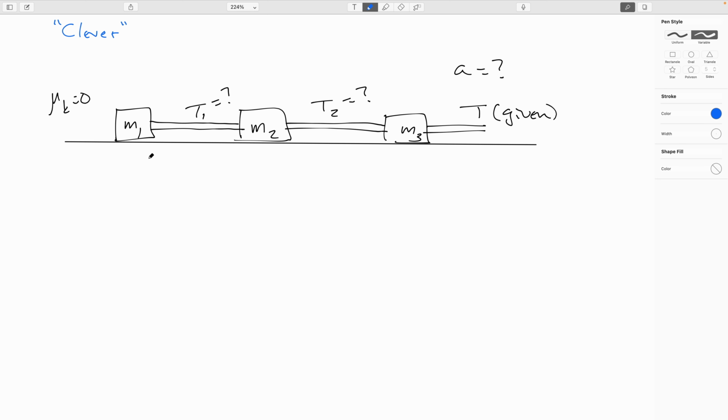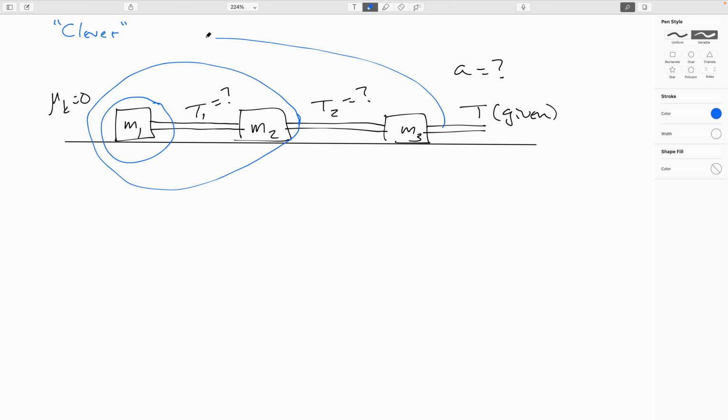What it does mean is we can make our systems look like this. Here's one of my systems. Here's another system. And there's another system. At first, you would think you shouldn't be allowed to do that. But think about it. From the perspective of this rope, if you were to put a tarp over M1 and M2, this is just a rope.